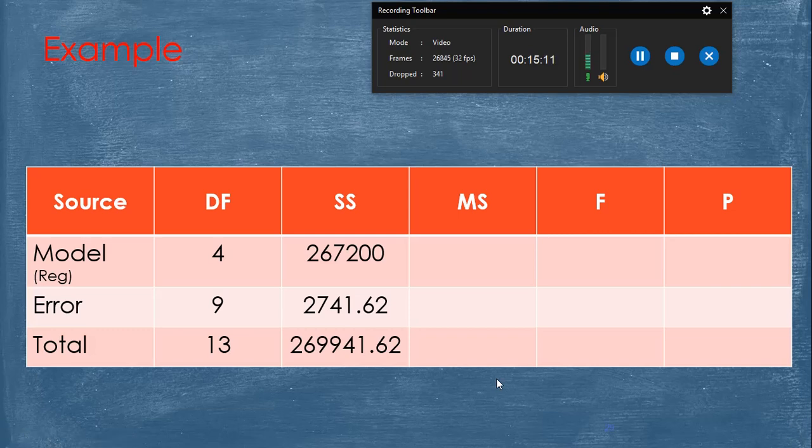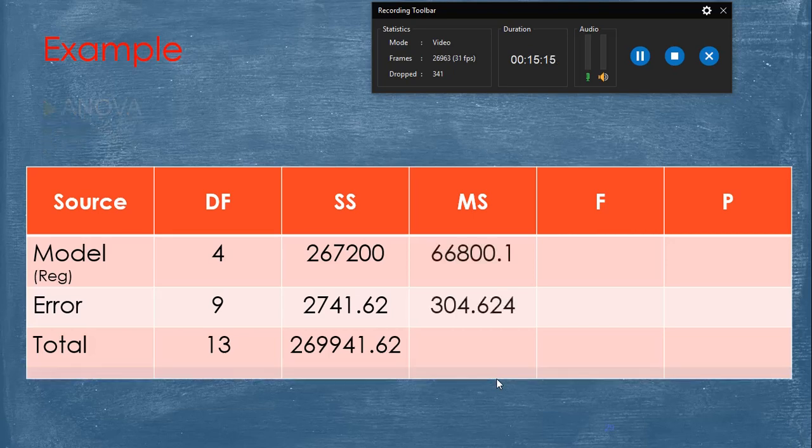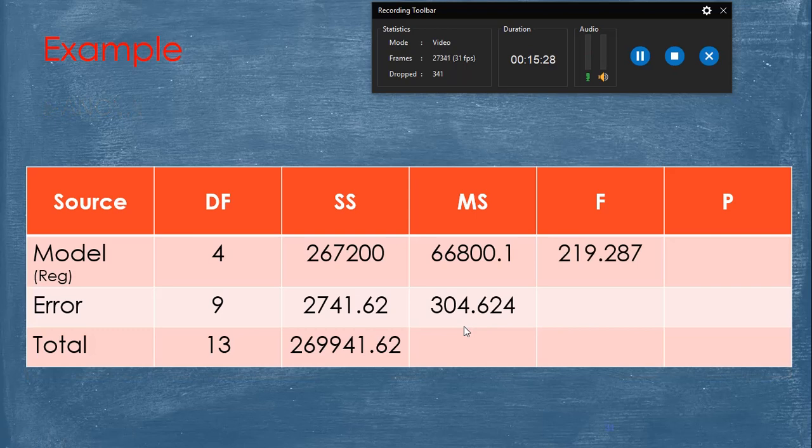So we're looking for MS regression and MS error, and we can fill those in. We don't need a total. The F statistic is calculated by dividing the mean square model by the mean square error, but this is also present at the top as our F statistic. And then our p-value, if you look at the iPad, it looks like it has a value of 5.84, but when you select the cell, you can see that it's scientific notation, and it is essentially 0.